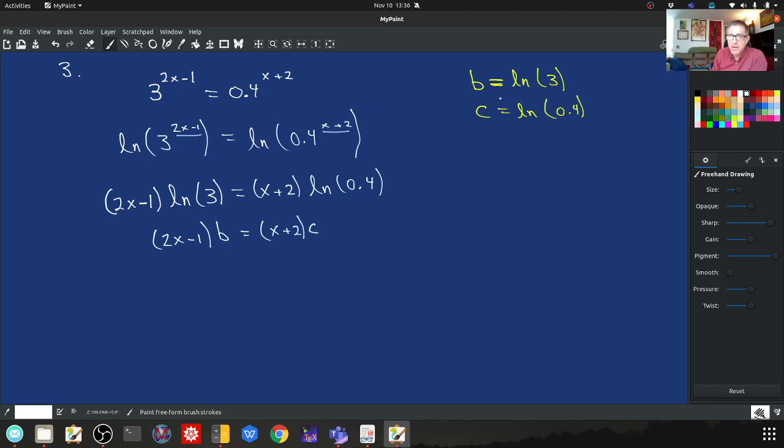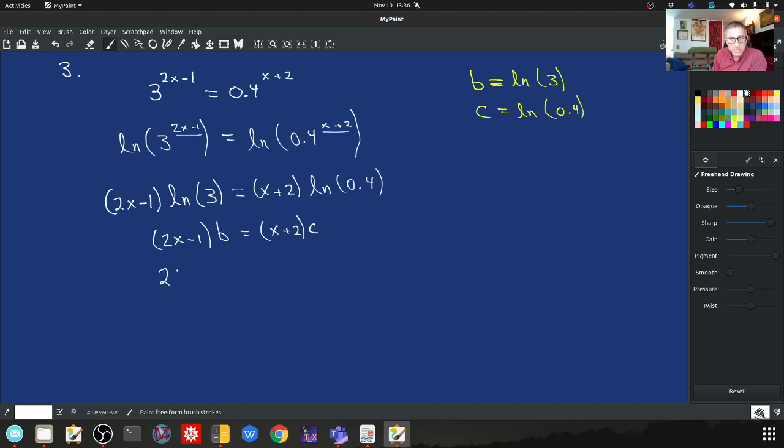Now at the end of all of this, I will go back in, and wherever I find b, I will replace it with the natural log of 3, and wherever I find c, I will replace it with the natural log of 0.4. So now I'm going to use distribution.